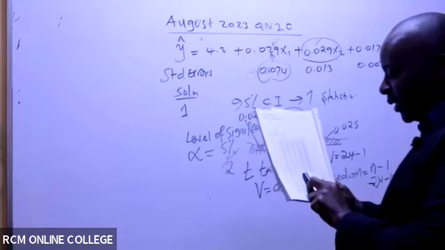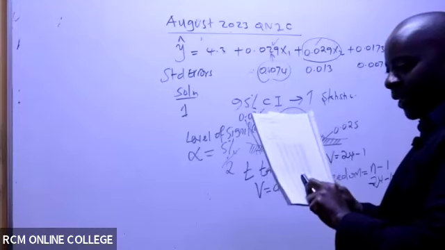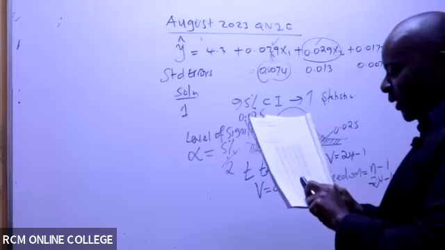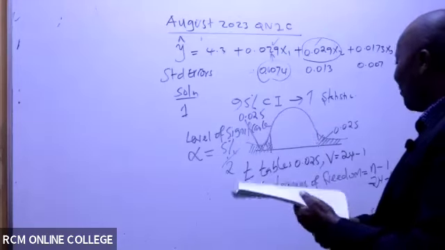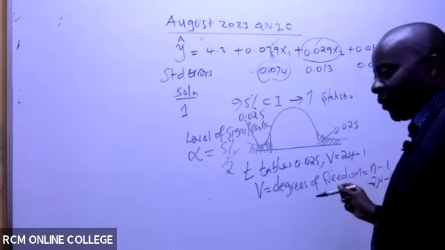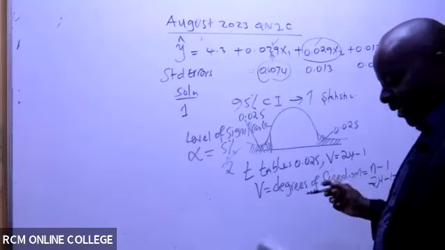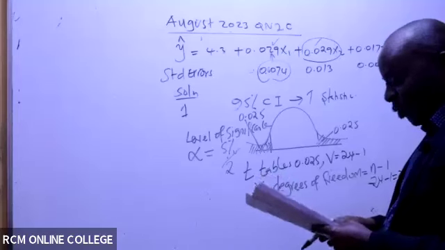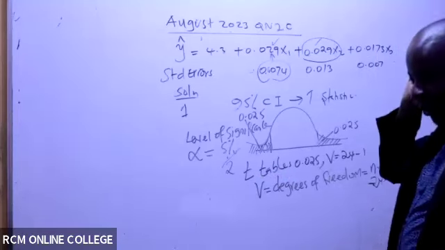Anybody seeing 2.07 something? 2.074, just check. Because you're reading t.025 with 23 degrees of freedom. That hesitation will automatically mean that students don't have the table.